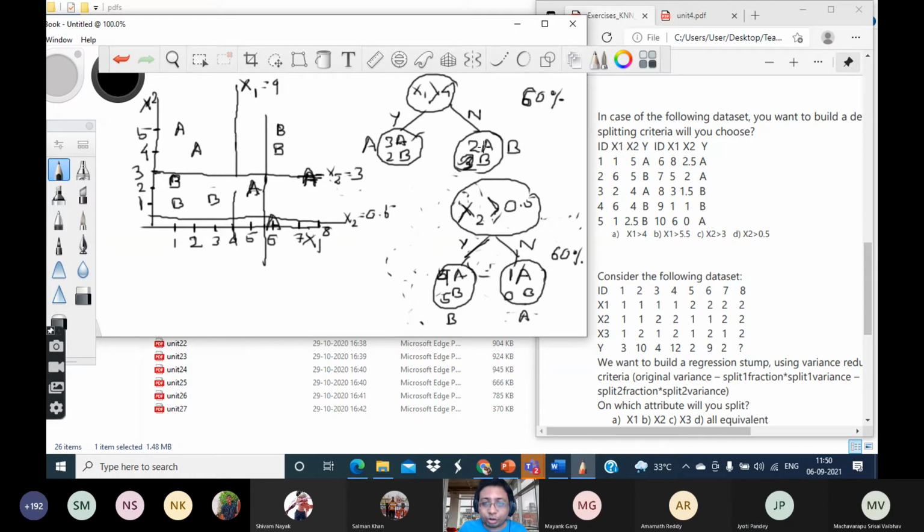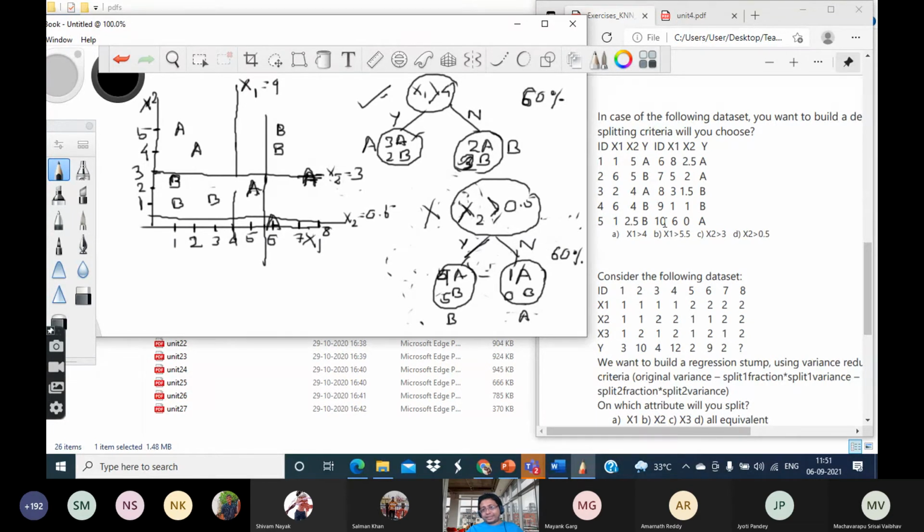I want balanced nodes, not nodes supported by a very small number of examples. If we had calculated the information gain instead of the accuracy, you would have found that the information gain is higher in this case.